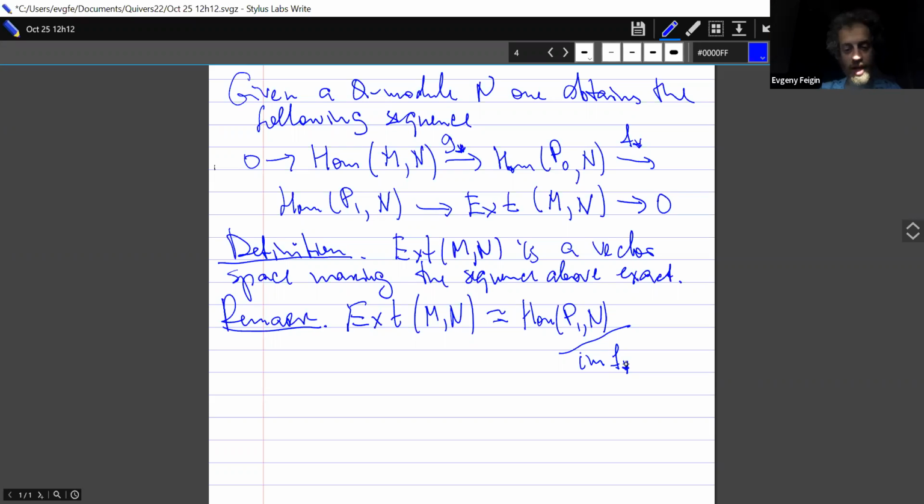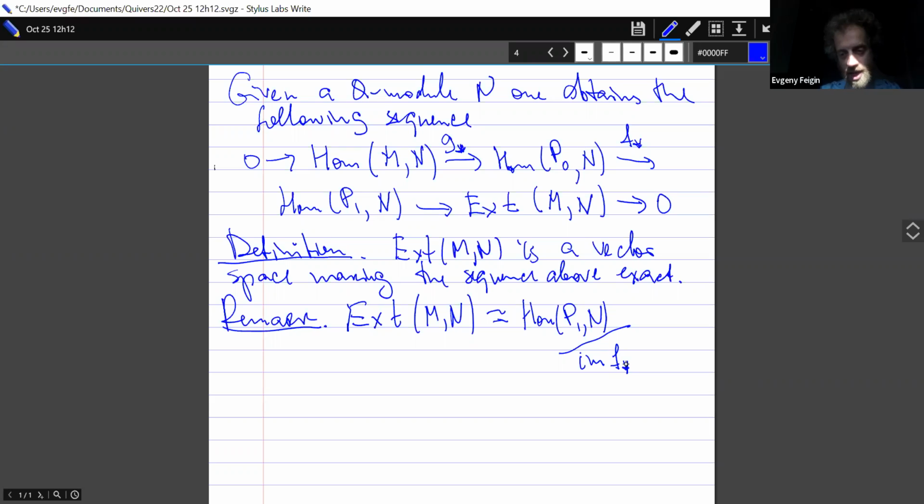I see. So I just said that the definition of this Ext space is that the sequence written here is exact. In order to make it exact, this Ext space has to be isomorphic to the quotient of the Hom space Hom(P1, N) modulo the image of F star.